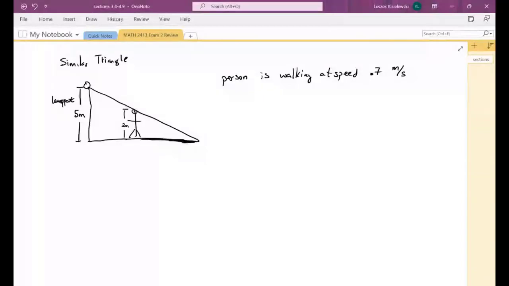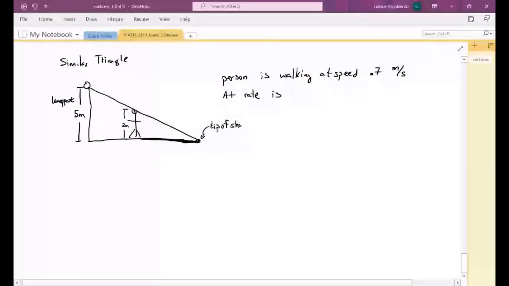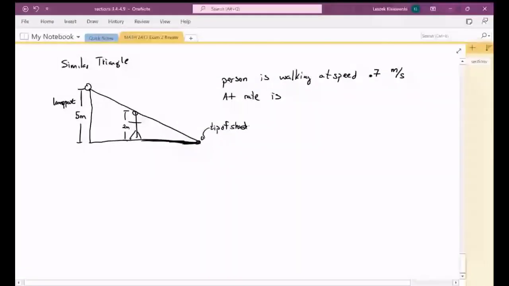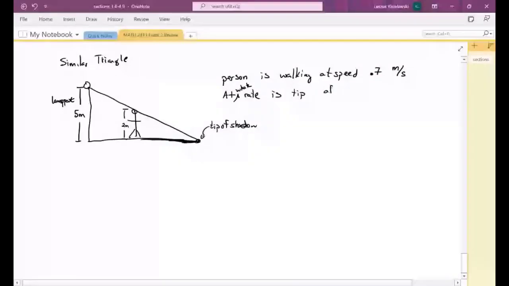Well, they could ask, for example, at what rate is the tip of the shadow moving along the ground?